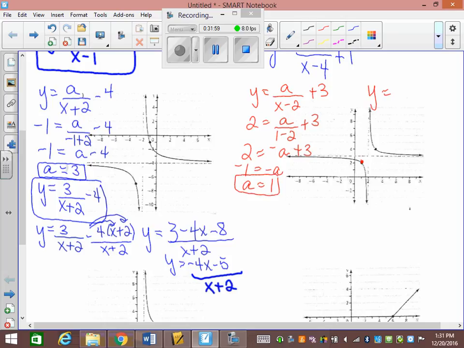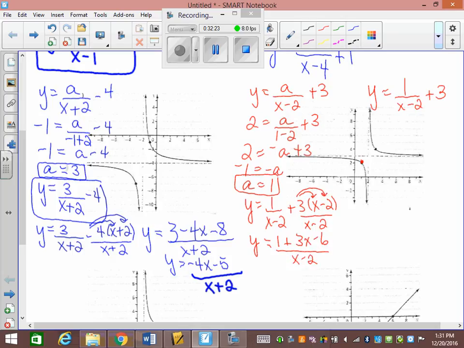So you're going to get y equals 1 over x minus 2 plus 3. Expand that out. Y equals 1 over x minus 2 plus 3 times x minus 2 over x minus 2. So y equals 1 plus 3x minus 6 over x minus 2.